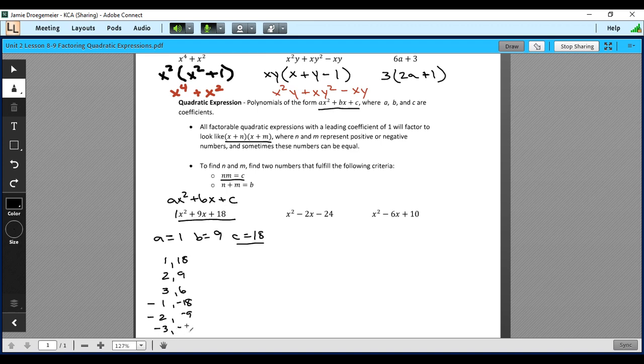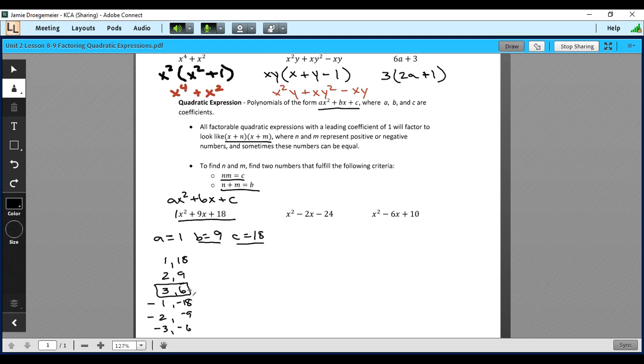So those are all the possible whole numbers that I can multiply together and get 18. The second criterion here is that those two numbers have to add together to equal b, which is 9. Looking at these numbers, 1 plus 18 is 19, 2 plus 9 is 11, 3 plus 6 equals 9.